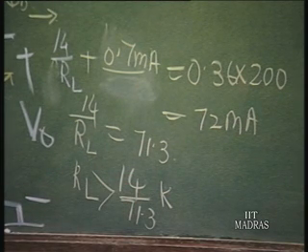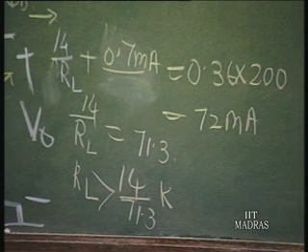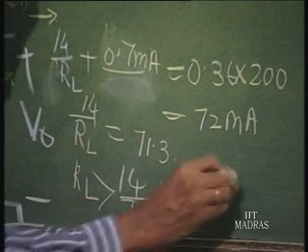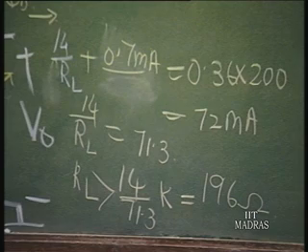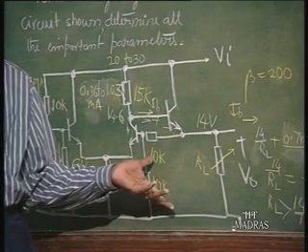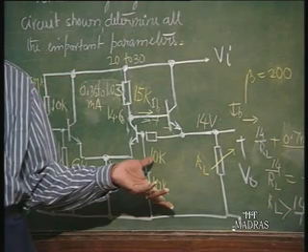Roughly this will be about 200 ohms. How much is it? 196. So, this is equal to 196 ohms. That means RL has to be greater than this. If it is less than this, this circuit will stop functioning for input voltage of 20 volts.